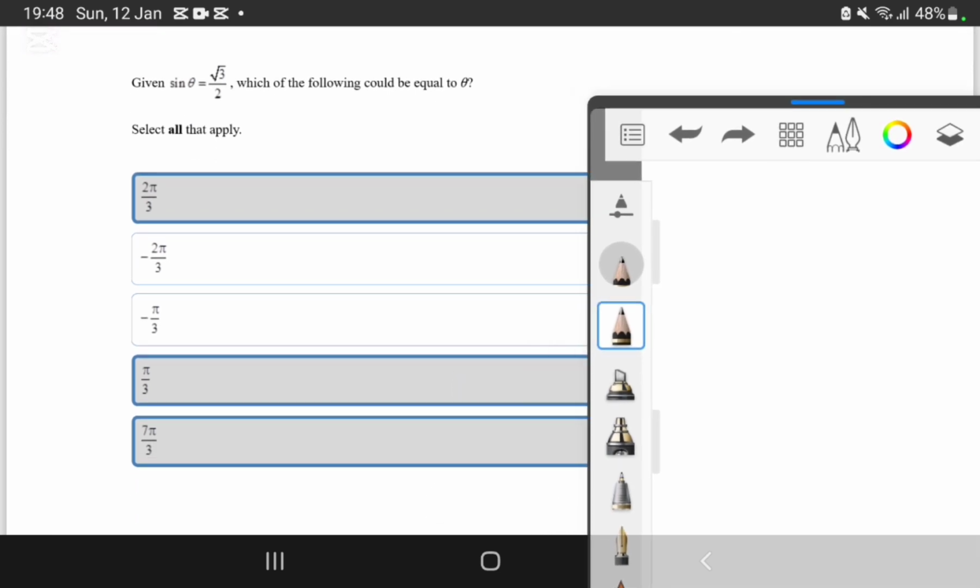Sine is the angle theta, or alpha, or the supplement, which is 120 and 60. Now 2 pi over 3 is 120 and pi over 3 is 60.